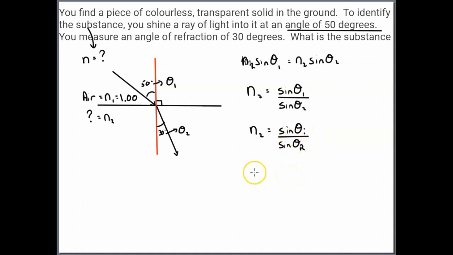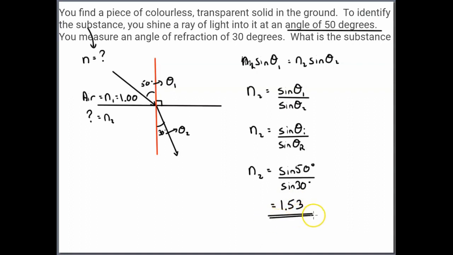However you write it, it's the same formula. So we're going to put in our angles. We have sine of 50 degrees over the sine of 30 degrees. When we put this into our calculator, we get 1.53.